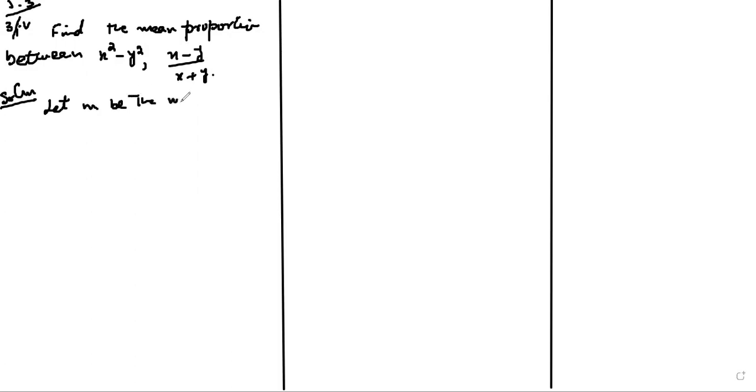Then the proportionality is x square minus y square over m equals x minus y over x plus y.